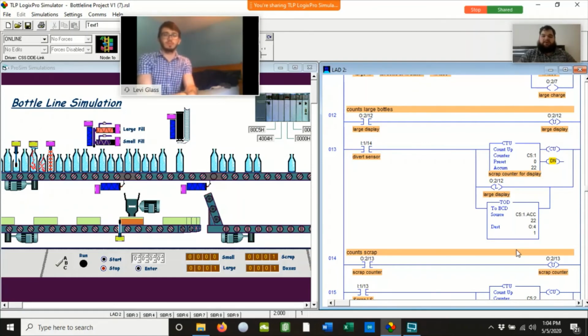I'm not sure what the issues were, but they do work. One thing we did find out was that these outputs work best when they're only turned on for one scan. We probably could have used the one shot rising command, but I had some difficulty understanding how well that really works, so we ended up using just latching and unlatching commands to turn on and turn off the outputs.